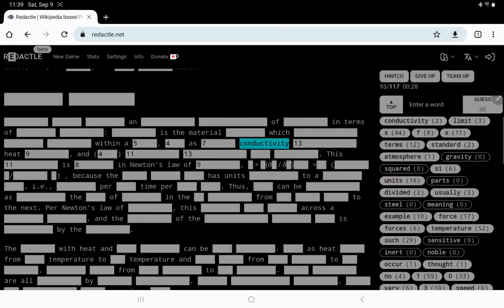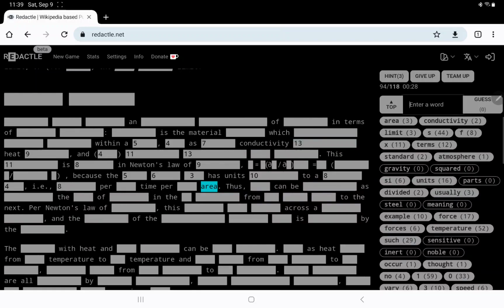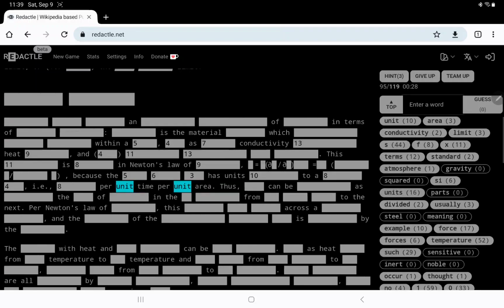Newton's law of 9. Oh, to a something area. Now, well, we do have it there. 8 per something time per unit area.